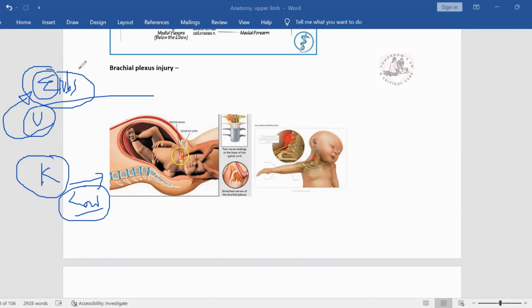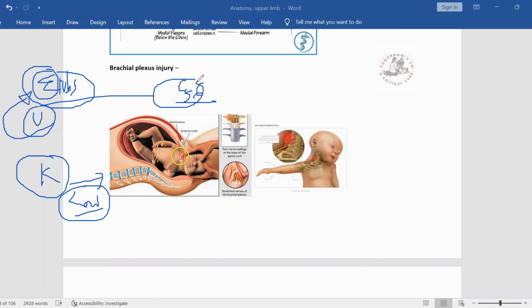In Erb's palsy, which two roots or trunk are involved? C5, C6. If C5 and C6 are injured or compressed, it causes Erb's palsy. Most common cause of Erb's palsy is birth injury.